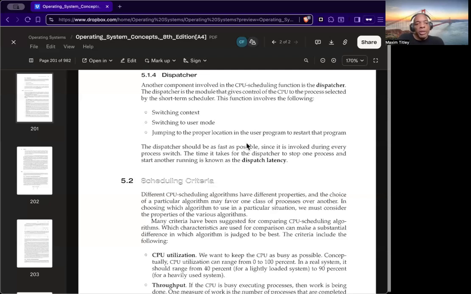Okay. Now the dispatcher should be as fast as possible since it is invoked during every process switch. And the time it takes for the dispatcher to stop one process and start another one is known as dispatch latency. We speak of latency a lot whenever there's a bottleneck within our computer systems.